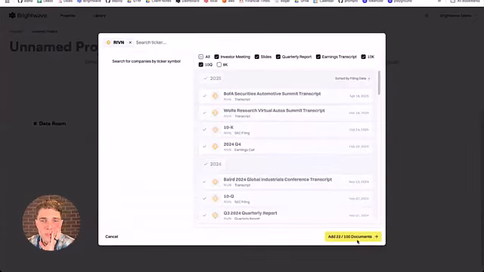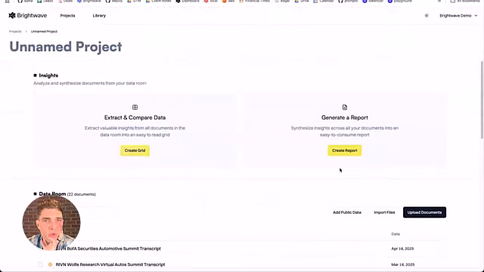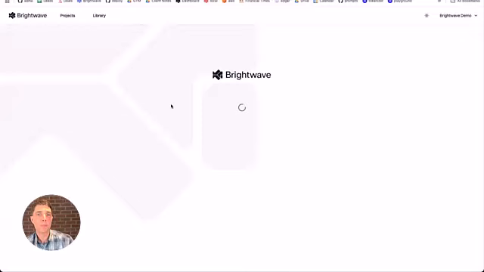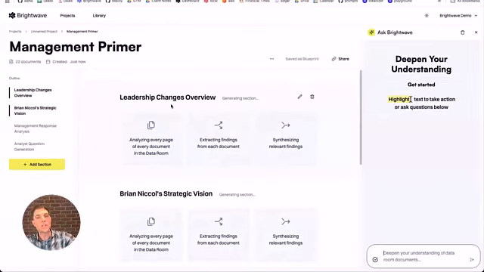Let's pull in data from Rivian, and I'm going to generate a report, and I'm going to use that management primer as that template. And that blueprint is going to initiate that agentic deep research process. So you're going to have the ability to apply that house view, those best practices to any name.